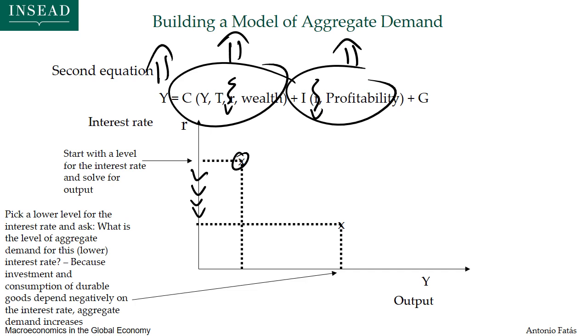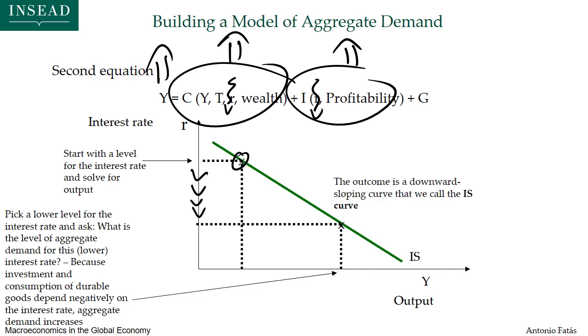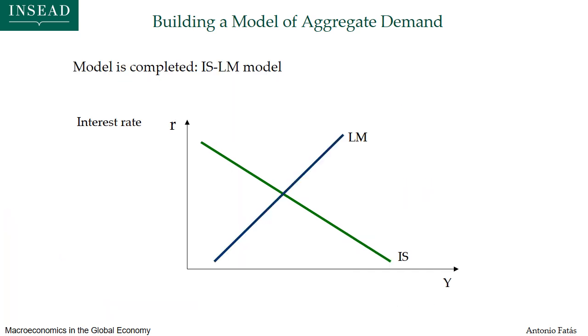What we're saying in this case is that the curve that represents the equilibrium in this market is going to be downward sloping, a negative relationship between interest rates and output, and we're going to refer to this line as the IS curve. To summarize, the equilibrium can be characterized by two curves, each of them representing one of the equations, the LM and the IS.